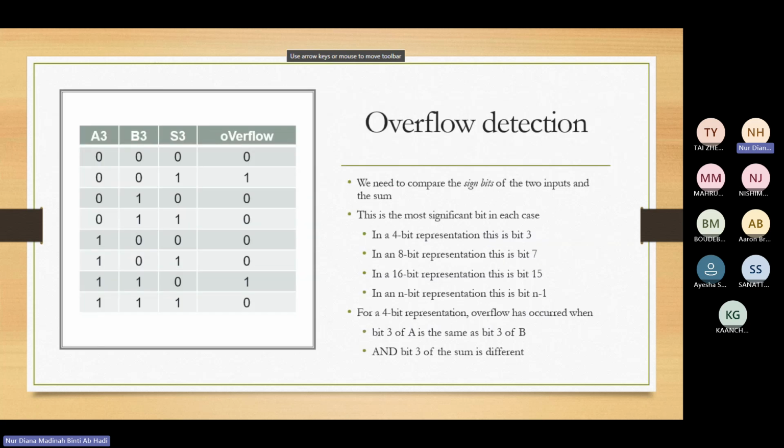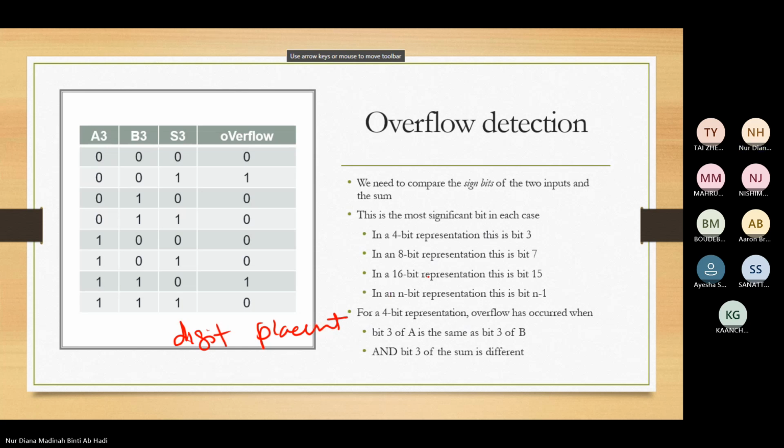So for us to know the overflow, we need to compare the sign bits of the two inputs and the sum. Usually it is the most significant bit. In the 4-bit representation, the bit is 3. In the 8-bit representation, the bit is 7. So that's why I want you to really understand the digit placement.